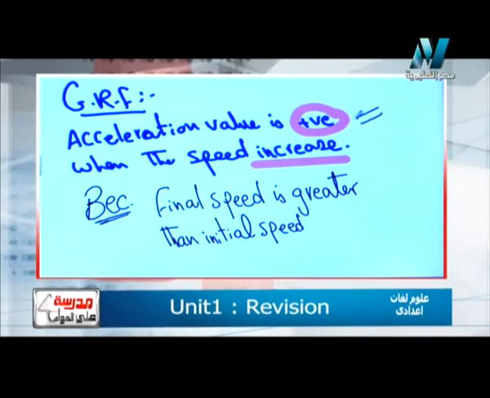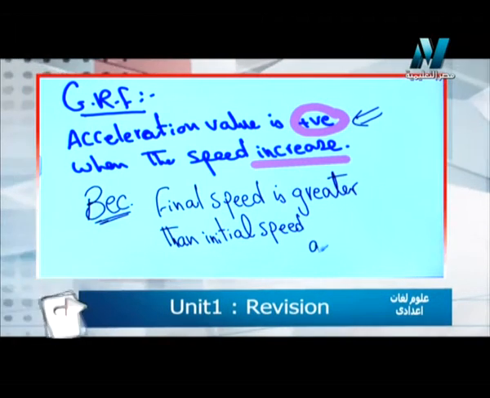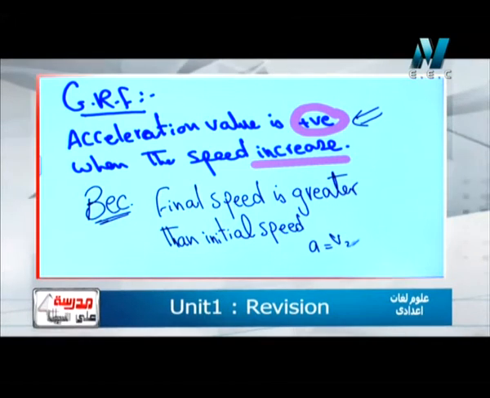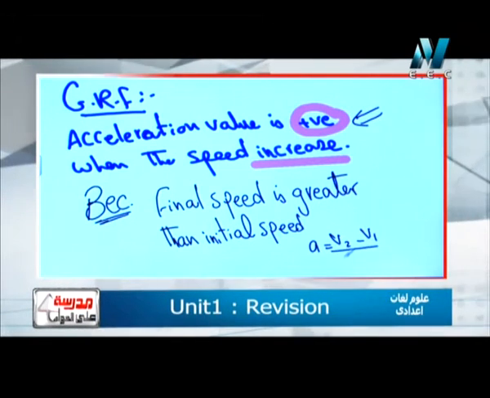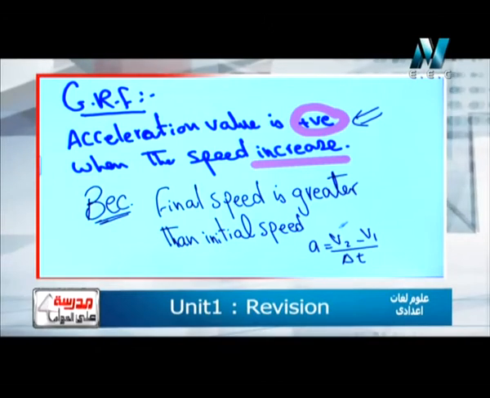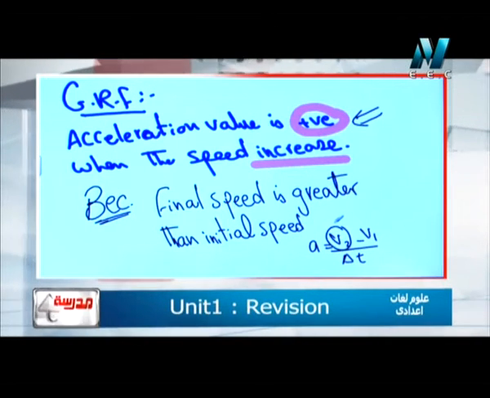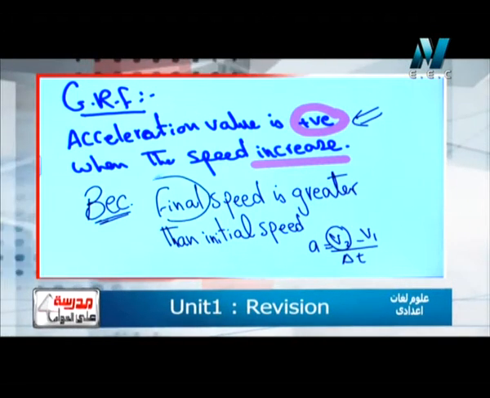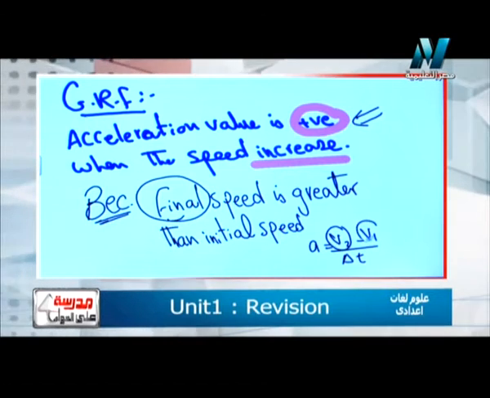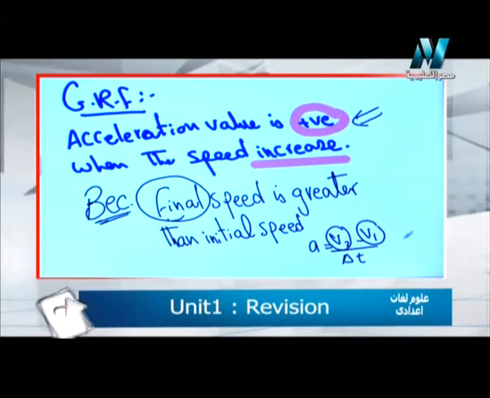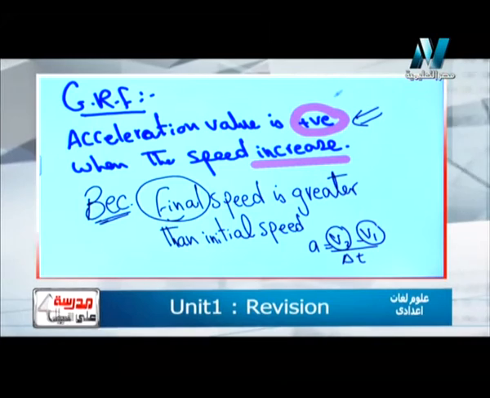Because we have acceleration equal v2 minus v1 over delta t. And v2 is the final speed, greater than v1 as the initial speed, so the value is positive, as we write in the question.